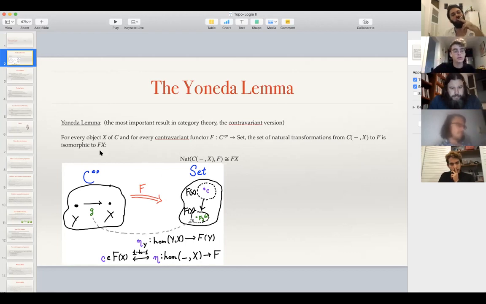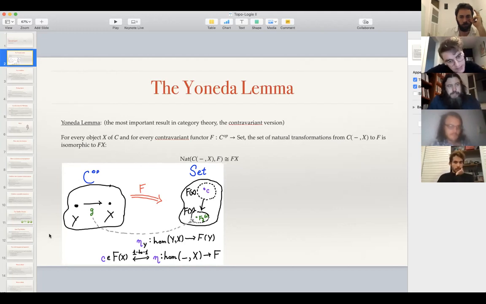This gives a bit of a picture of what's actually happening. If we have a category here on the left and any functor, it sends an element of F of X, that's going to be this purple C on the right, to this natural transformation eta, without the subscript.